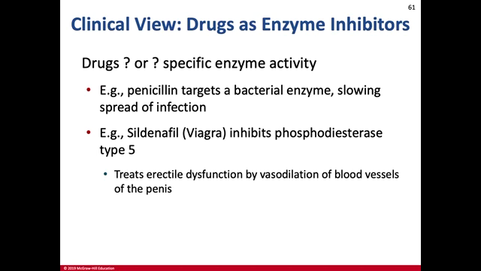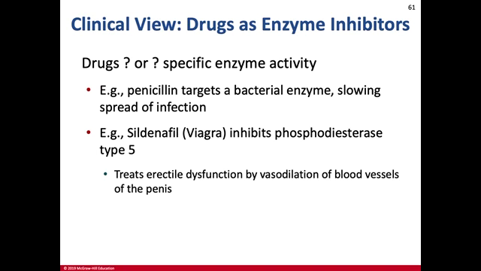Viagra inhibits phosphodiesterase, which breaks down cyclic AMP in the cell. Cyclic AMP is known as a second messenger, so it's a molecule that's produced after a series of interactions of enzymes and substrates that will initiate certain responses within the cell.